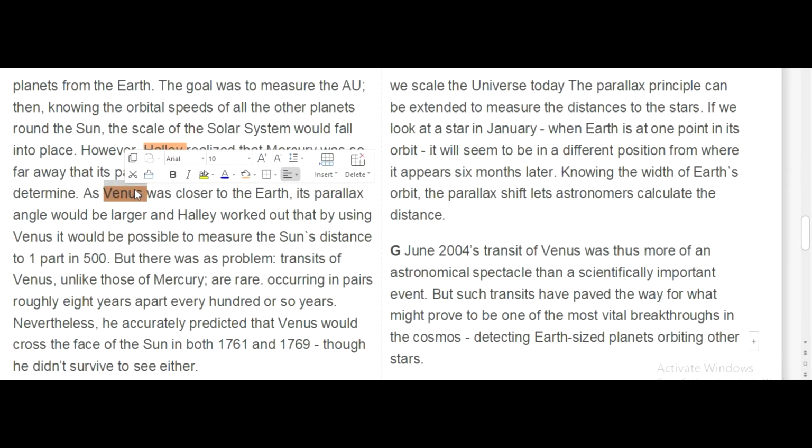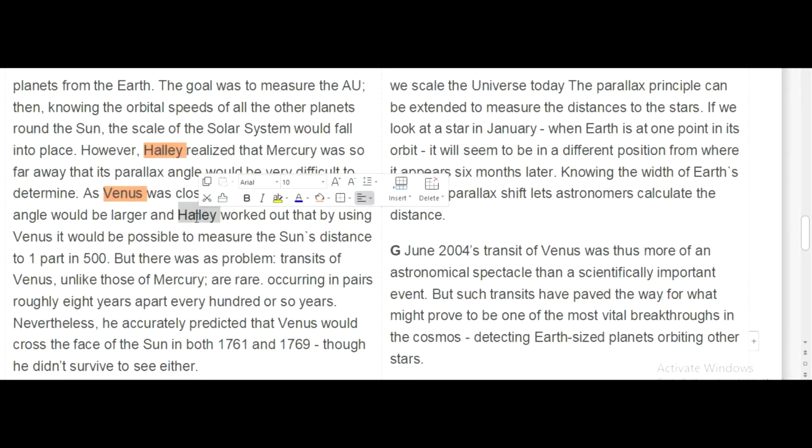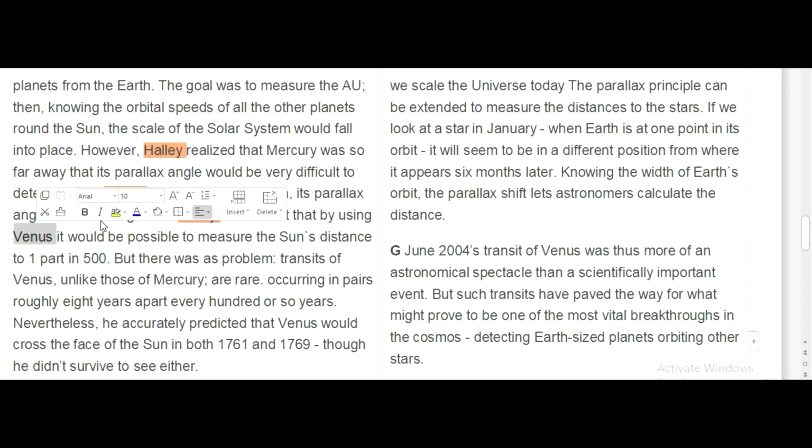So I'm gonna mark it only in this case, because I have found Venus in the vicinity of the other keyword Halley. That's why the keyword Venus is important now. So mark this keyword here as well.